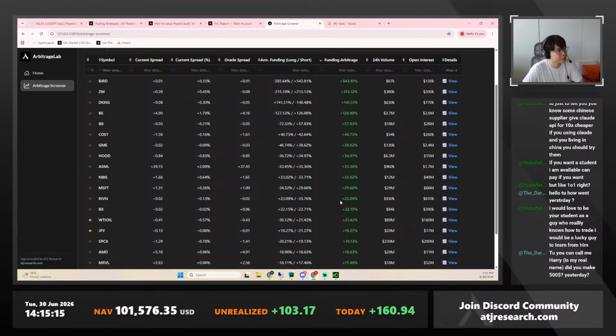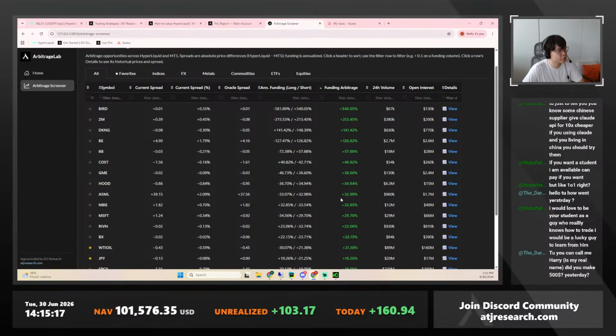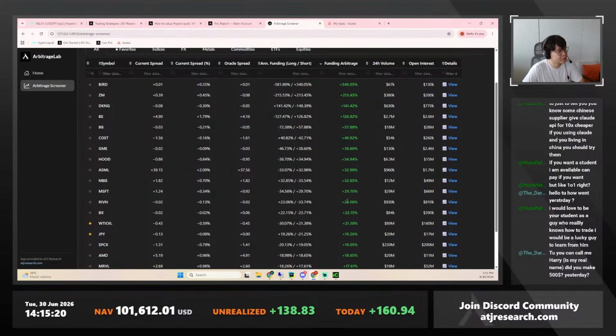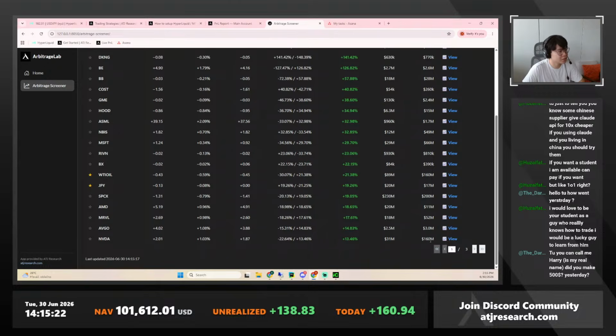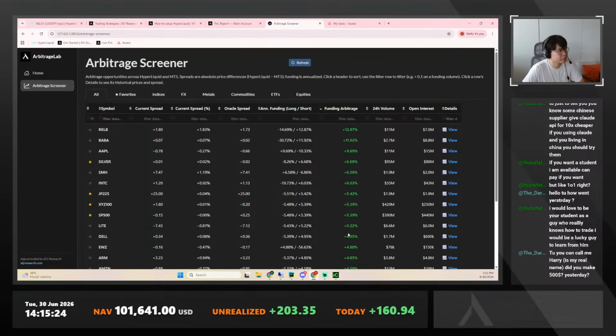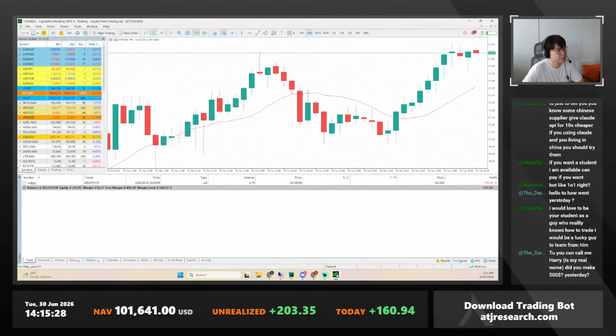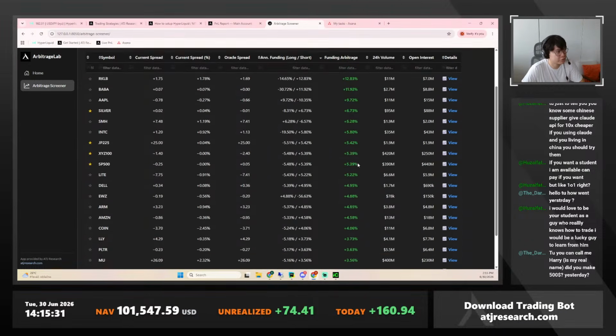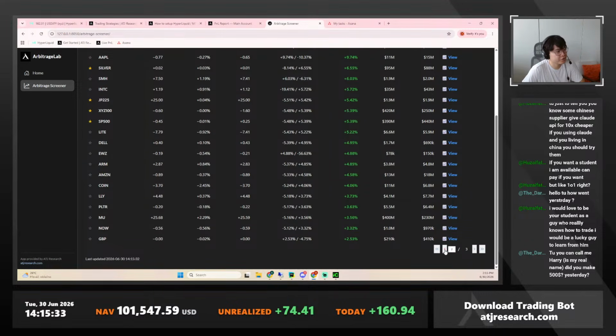In theory, I have to check the historical funding rate, but I can see that these stocks are slightly more risky. Risky in terms of when you hedge with MT5, you can only hold them for 8 hours, but they have very high funding rates.